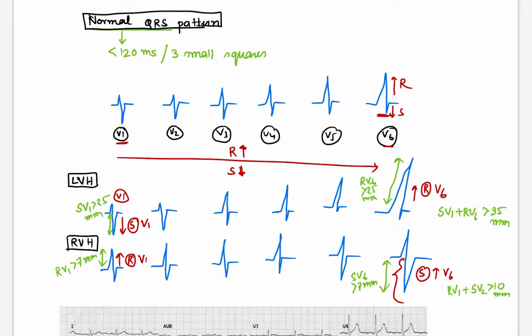This is the easiest way to interpret whether there is any ventricular hypertrophy present or not, and if present, which side it is, left or right ventricular hypertrophy.